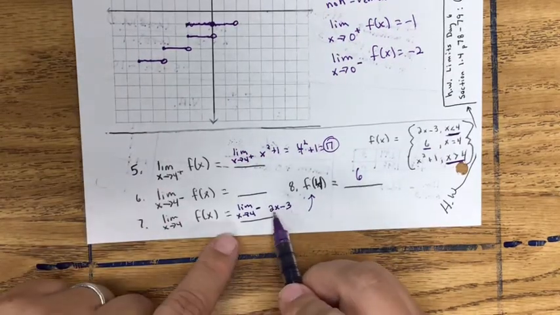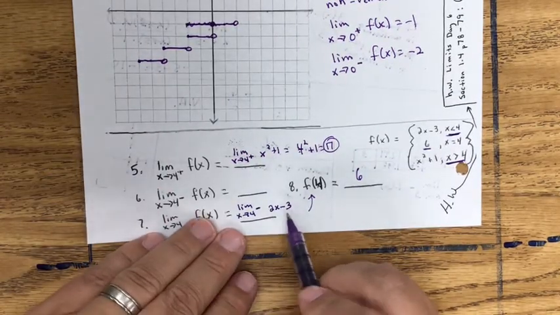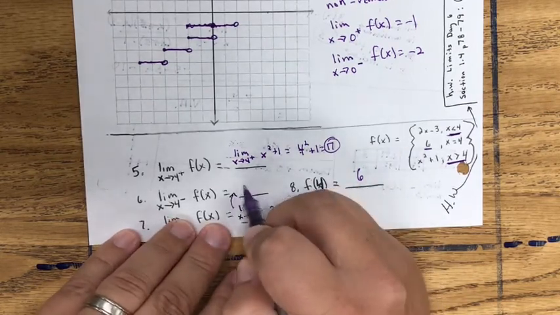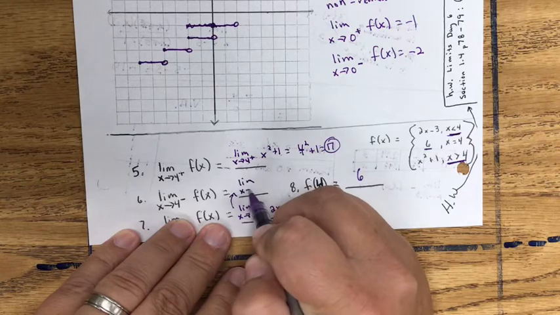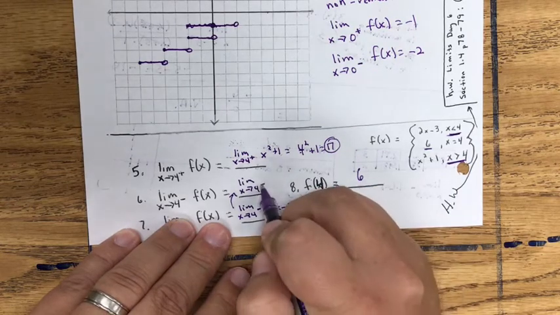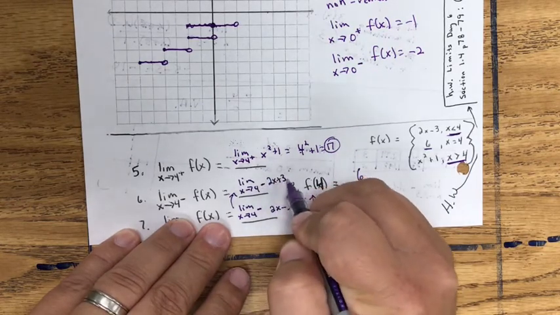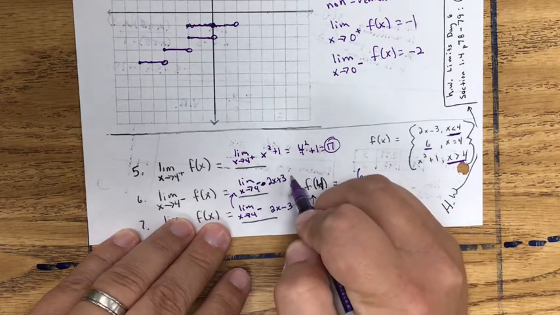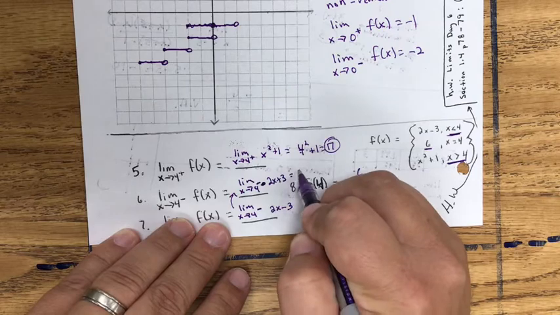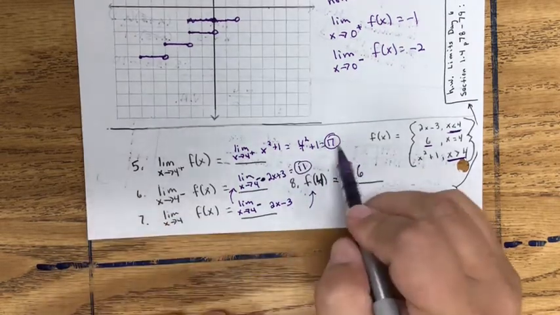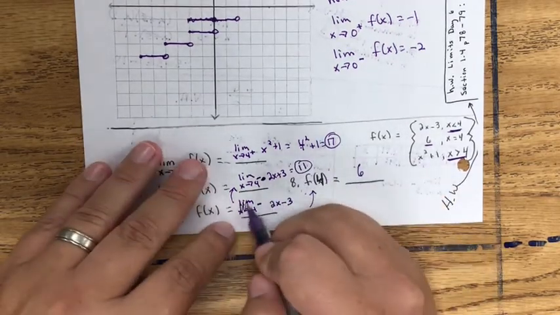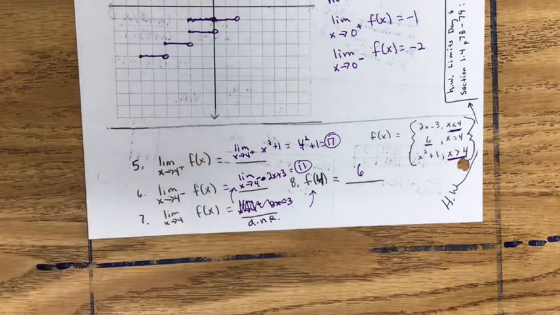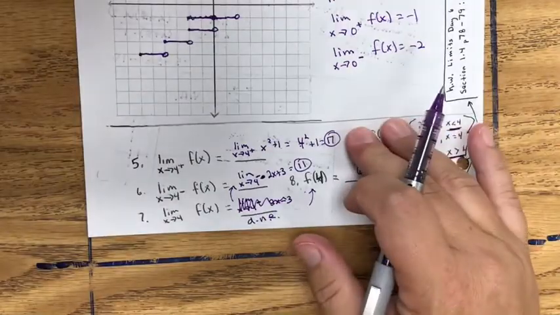If we do that, we'll put 4 in here and we'll get 8 plus 3, which is 11. And so as we went from the right and the left, they're not the same, so this limit does not exist.